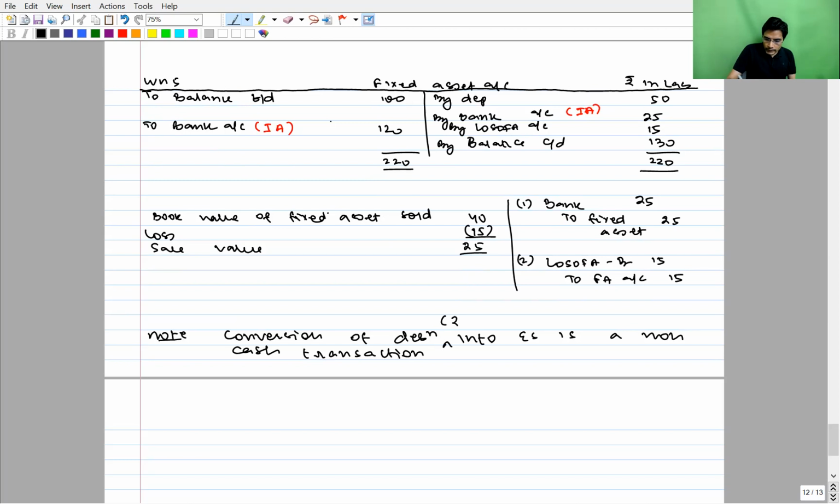You can just write within brackets 20 lakhs. This completes our question number 34, Lambakadi.